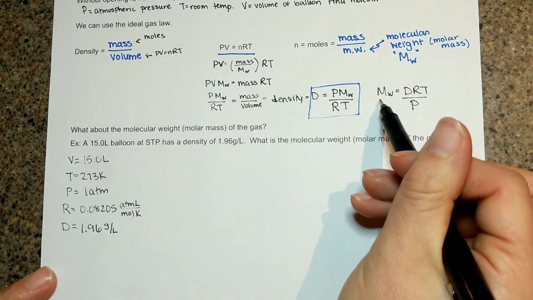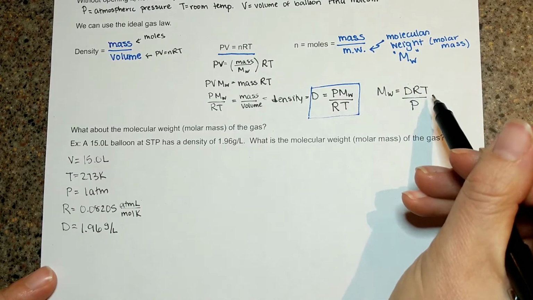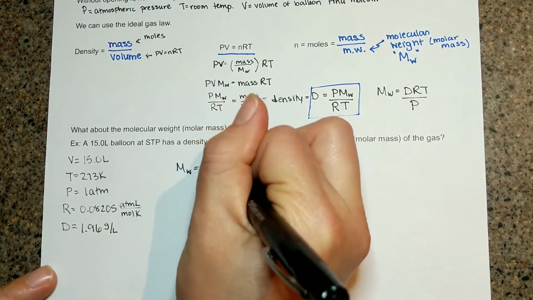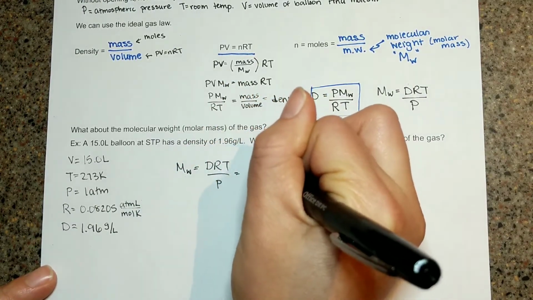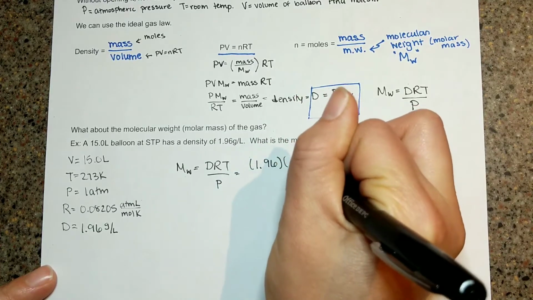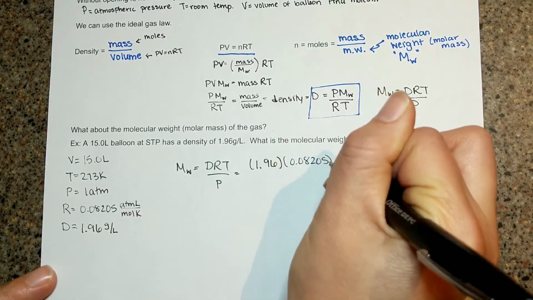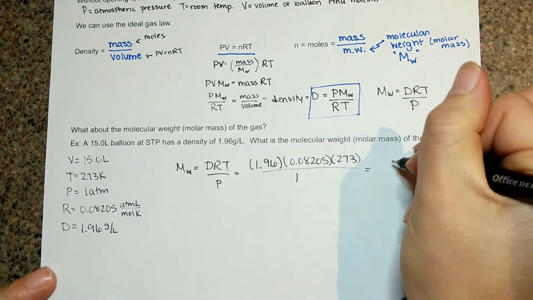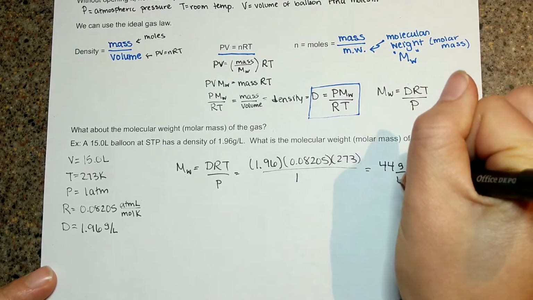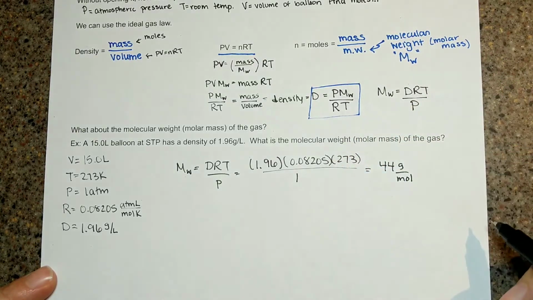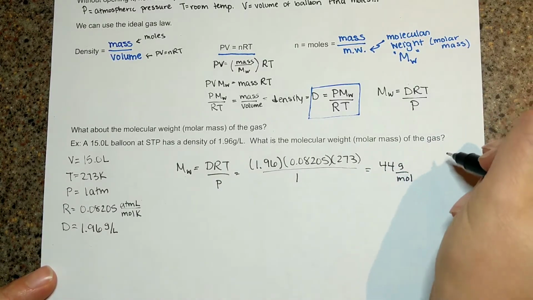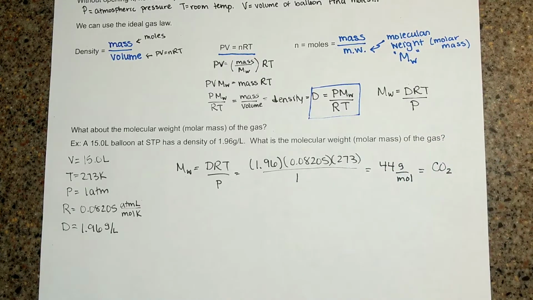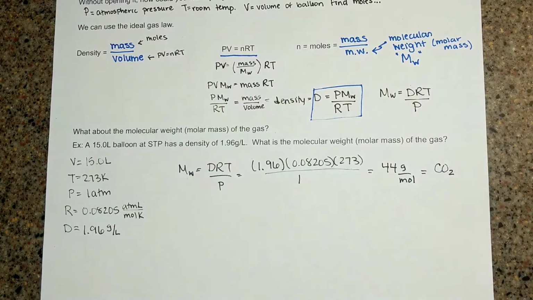To figure out molecular weight, that's density times R times T divided by P. So I just plug in density RT over P, which is my 1.96 times my 0.08205 times my temperature divided by my pressure, which gives me 44 grams per mole as my molar mass, and then I know that that is carbon dioxide, because we use it a lot and we find that out a lot.